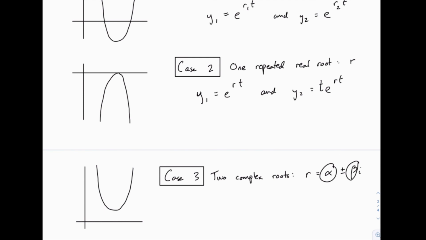Think of them like A and B, but we've already used A and B to mean something else with these problems, so I used alpha and beta here. Don't get mixed up with the notation. It's just a real number plus an imaginary number with a real coefficient. So alpha and beta are the two coefficients here. For example, we might have something like 3 plus or minus 2i, something like that.